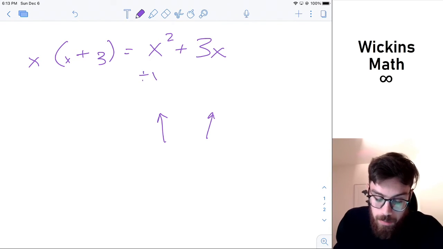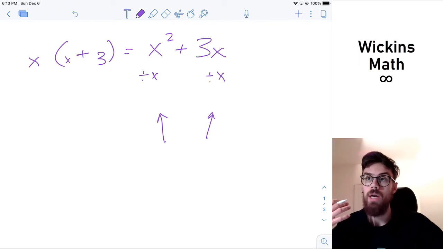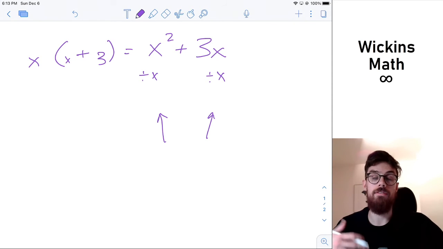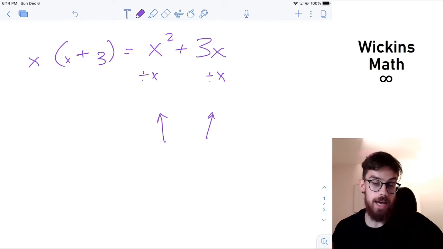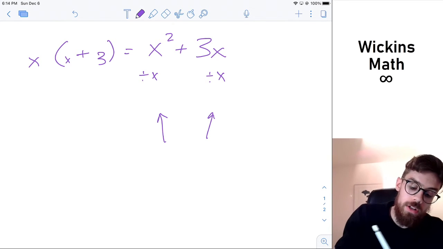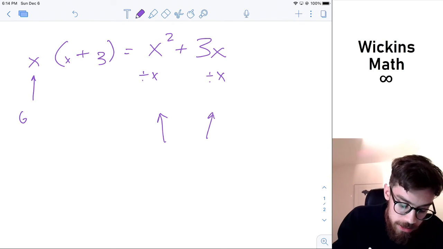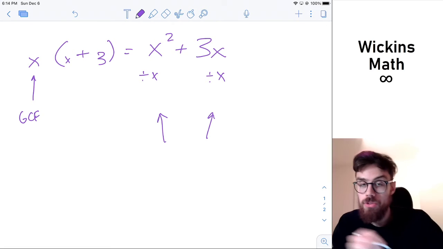We can divide this side by x, and we can divide this side by x, and we can't divide it by anything more. So we're going to start to include the possibility of x, or a variable, as being the greatest common factor. And when we pull that x out, when we divide by it, we see that this thing out here is the greatest common factor between those 2 terms.